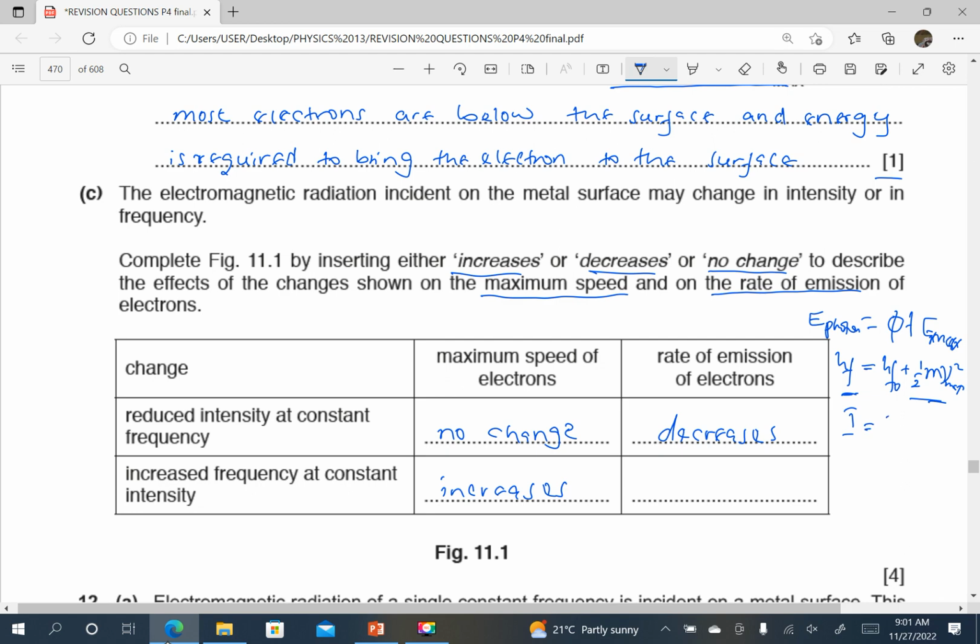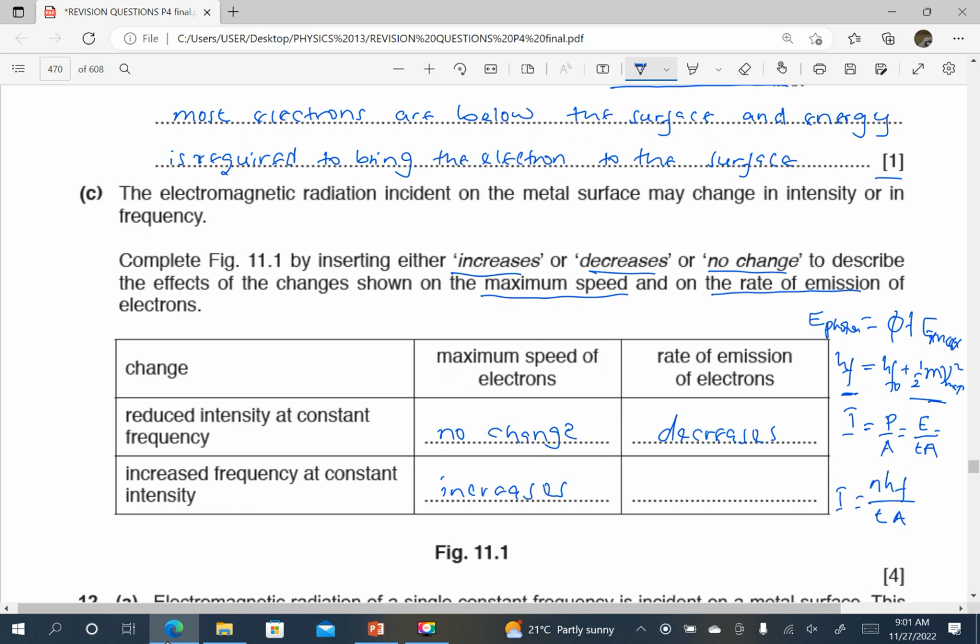Intensity is equal to power per unit area. Power is energy over time, so this will be energy over t times A. And the energy is hf, but since we have a number of photons, the energy will be N times hf, divided by t times A. Intensity is equal to that.